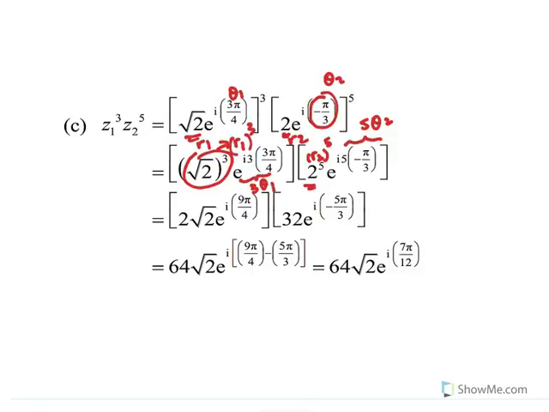Is it very confusing? No. And I add them together. This portion here is nothing but r1 to the power of 3 multiplied by r2 to the power of 5. This portion here is nothing but 3 theta 1 minus 5 theta 2.